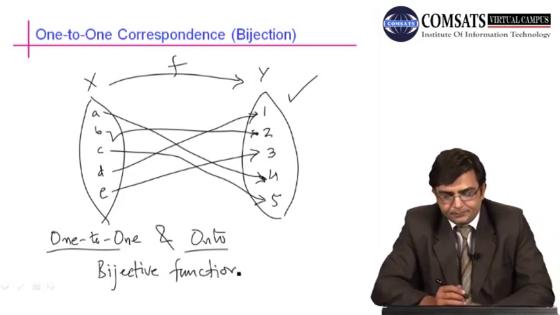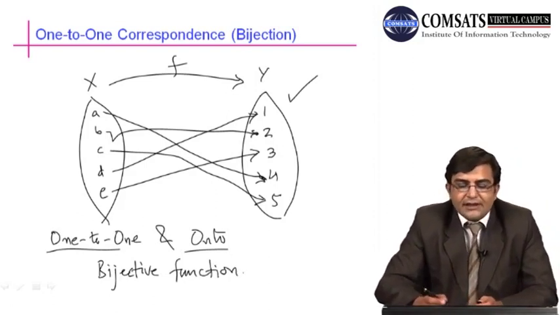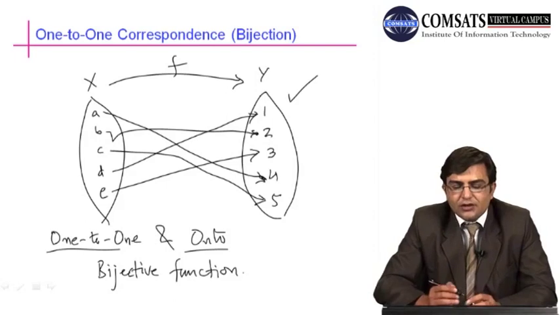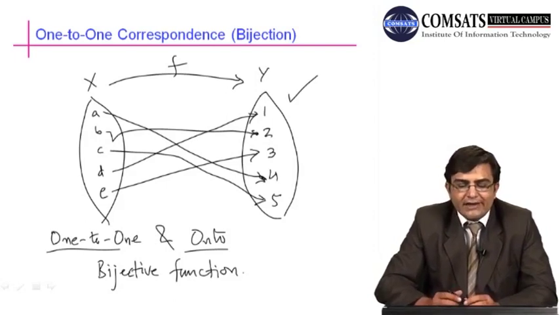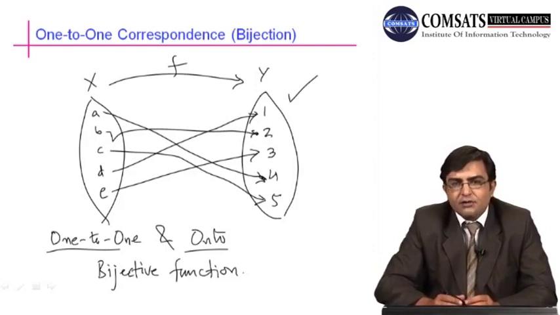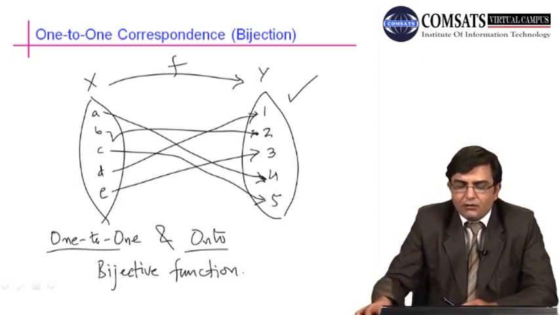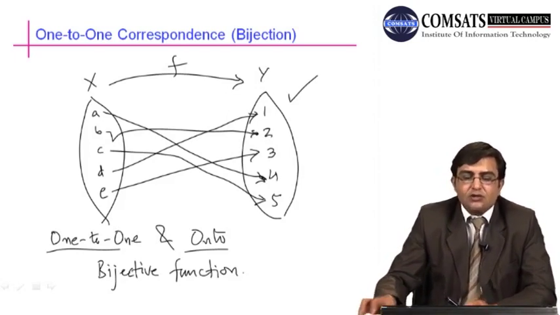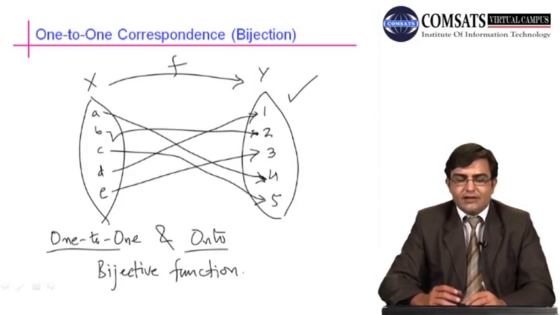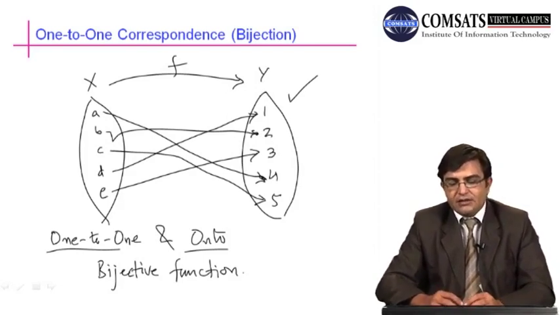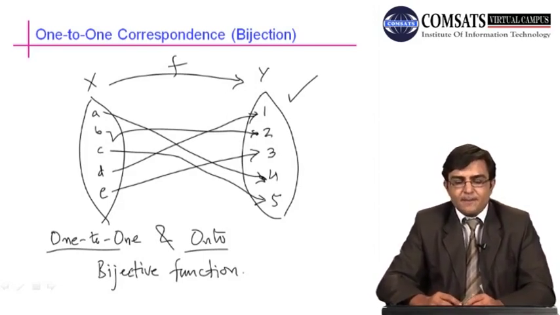On finite sets, there is a one-to-one correspondence between the elements of X and the elements of Y. So this is what the bijection is. We can discuss it for finite sets. Similarly, for infinite sets, we can discuss one-to-one correspondence or bijection, as we have discussed for one-to-one and onto functions.